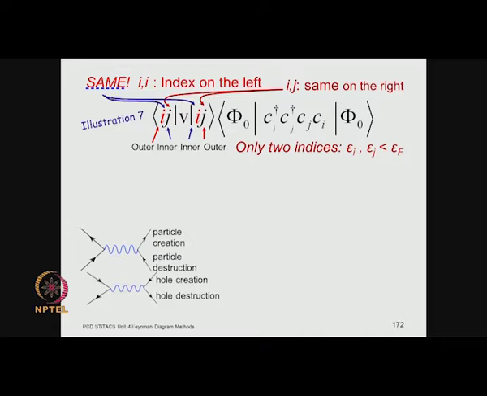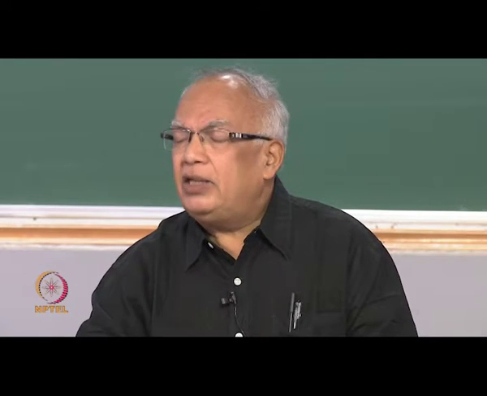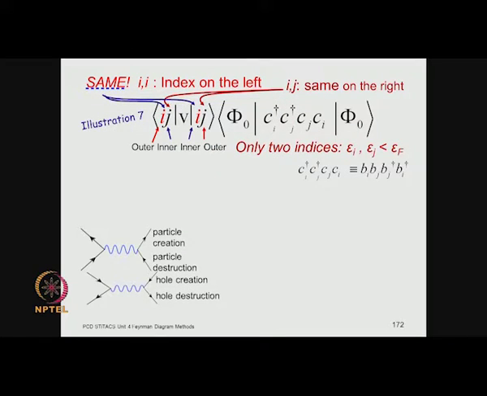So, they will all be represented by hole operators, the operators b as we refer to them. So, you will have c_i dagger will be b_i, c_j dagger will be b_j, and c_j and c_i will be b_j dagger and b_i. So, these are the operators, and now again you follow the same convention.